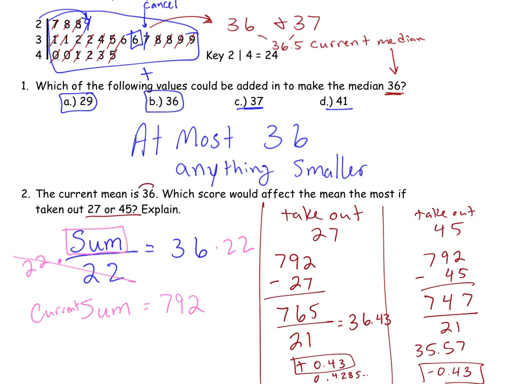The reason for it is from the current mean. 36 plus 9 is 45, and 36 minus 9 is 27. Since the distance that both of our numbers that we were taking out, since that distance is the same for both of them, it changes the mean the exact same way. One is increasing, one is decreasing, but it changes it by the same value.